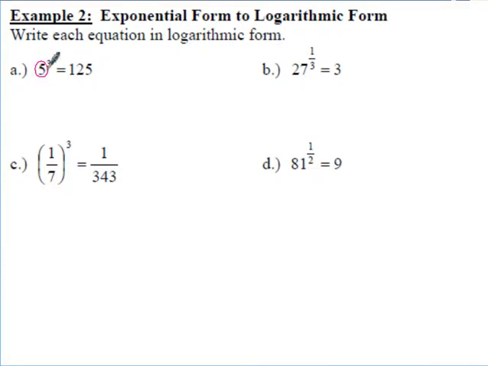It's going to become smaller. So you're going to have a 3 on the left. You have a little 5 here and a big 125. What goes in front of the 5 and the 125? Log. Now this is a true statement because if you have to find the log base 5 of 125, your answer is an exponent, because you're trying to find 5 to what power equals 125? 3.